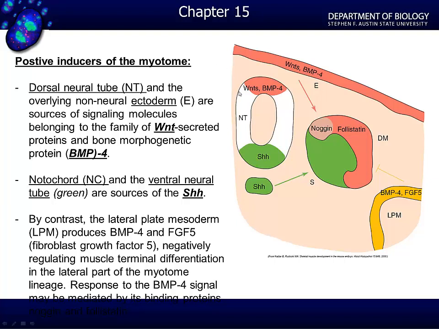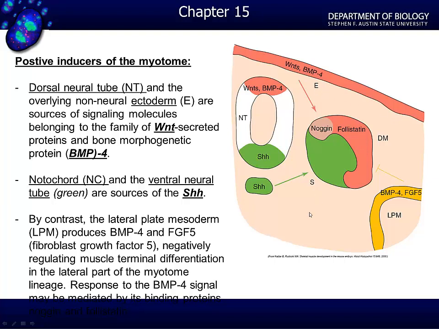We can see we have the neural tube, we have the notochord, and then we have our lateral plate mesoderm that's here as LPM, and here we have our somite, sclerotome, and the dermomyotome. This is the overlying ectoderm that they have shown in E.